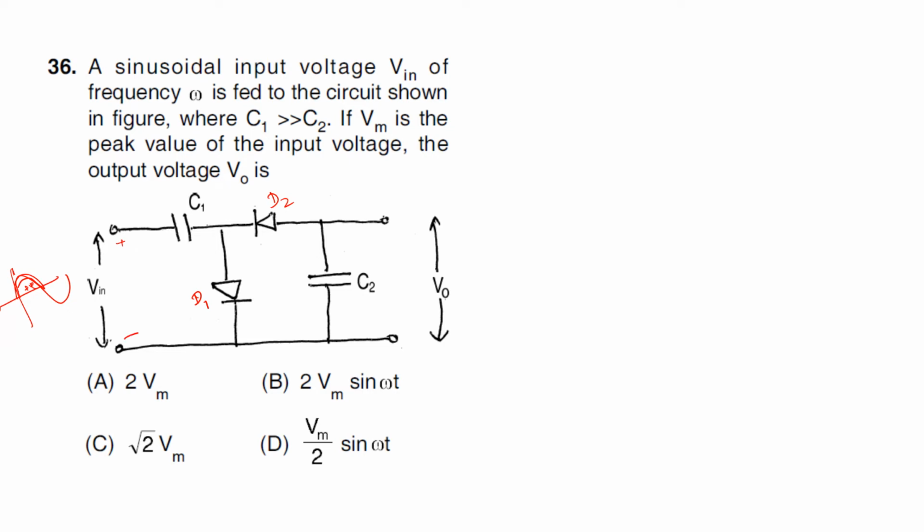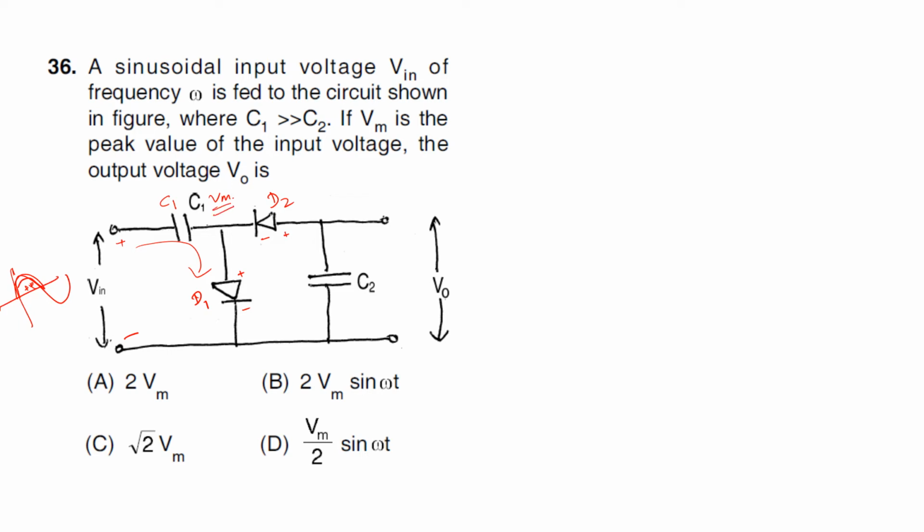So D1 is forward biased and D2 is reverse biased. This charges the capacitor C1 to the peak value Vm.